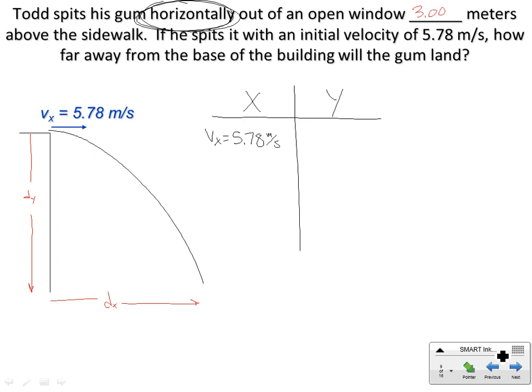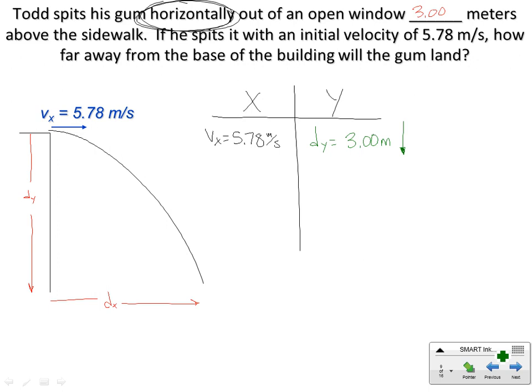Let's see, the window is 3 meters above the sidewalk. You know what that is? Well, that's a dy. And I'll say this. dy is 3 meters downward.